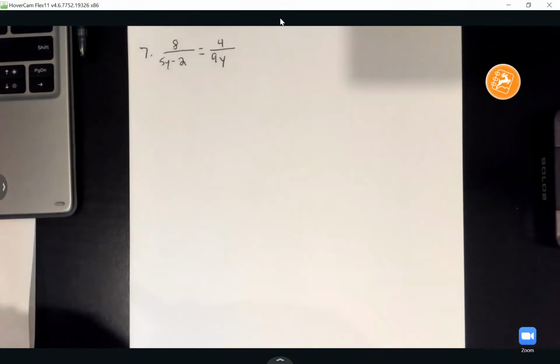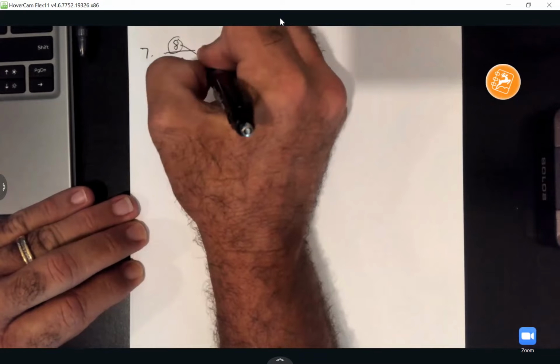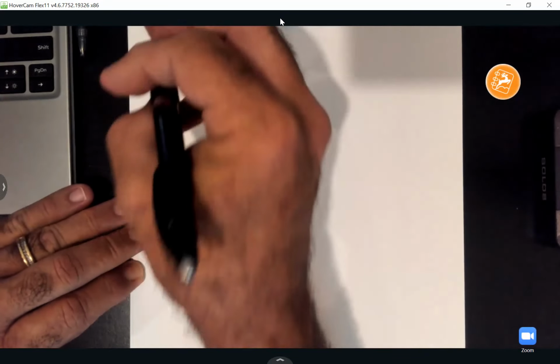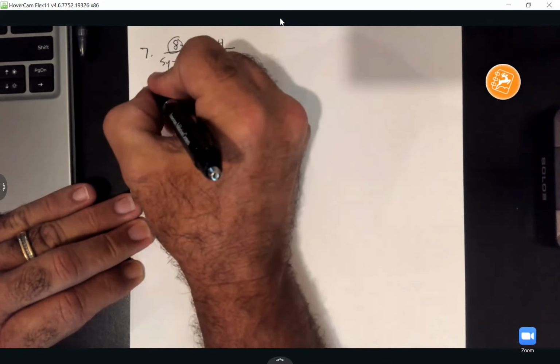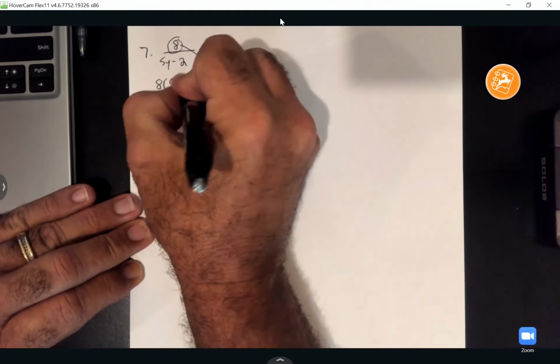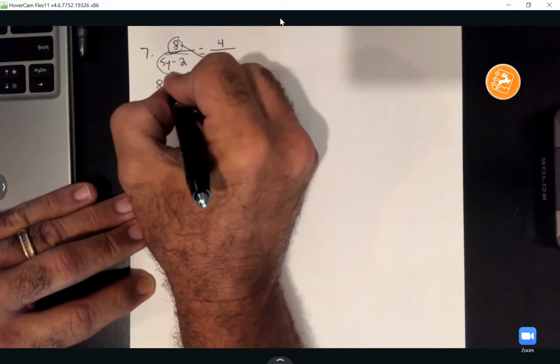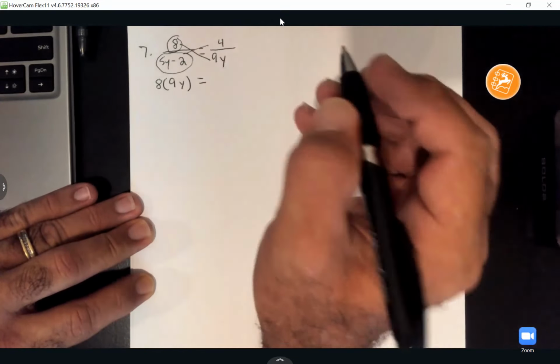All right, so remember, I'm going to do my cross multiplying. So this 8 multiplies by the 9y. So 8 times 9y on one side. That's going to equal this 5y − 2 times that 4.